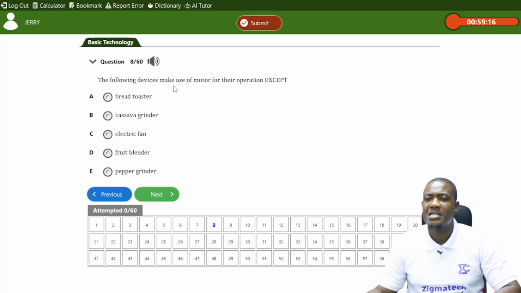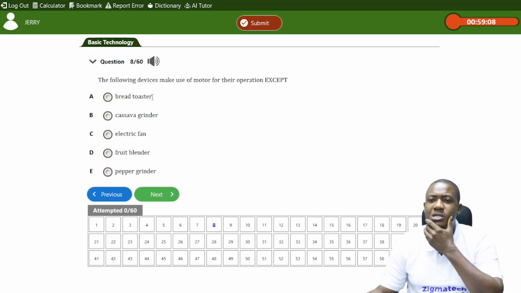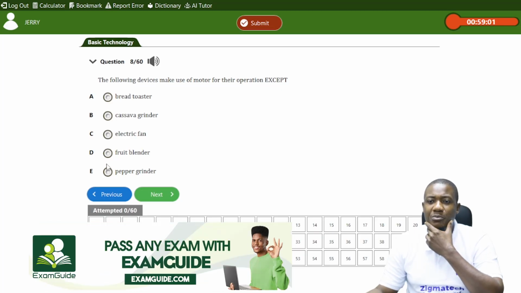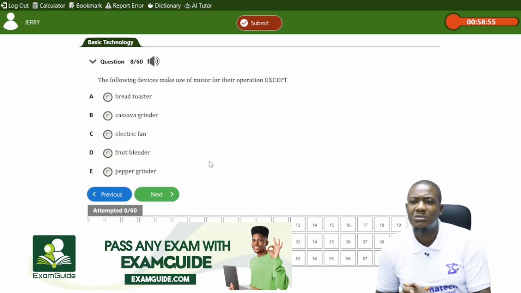The following devices make use of motor for their operation except: A. Bread toaster, B. Cassava grinder, C. Electric fan, D. Fruit blender, E. Pepper grinder. Can you answer that question?